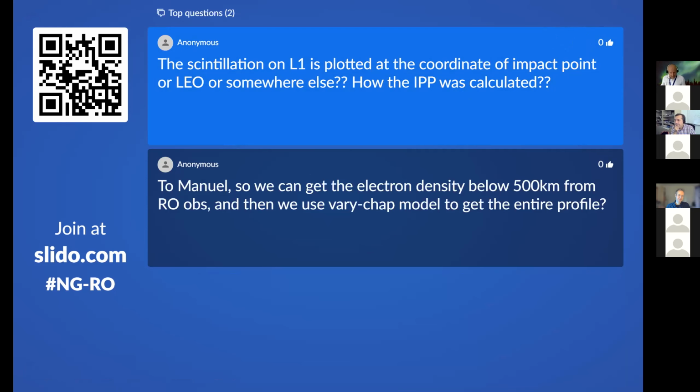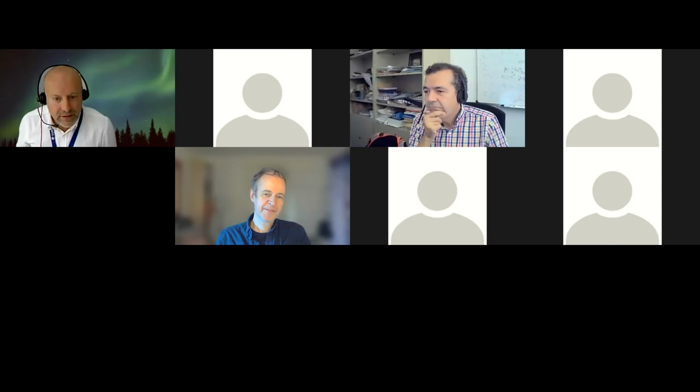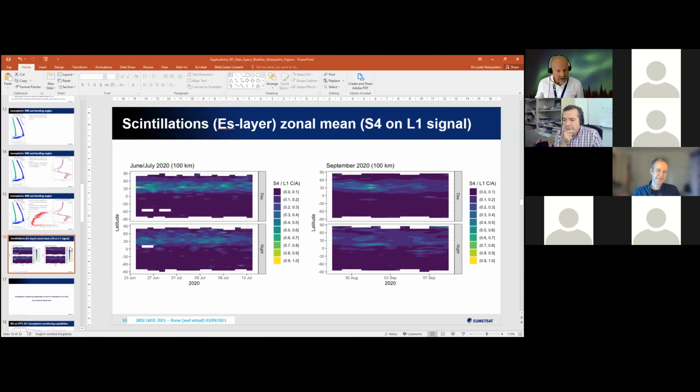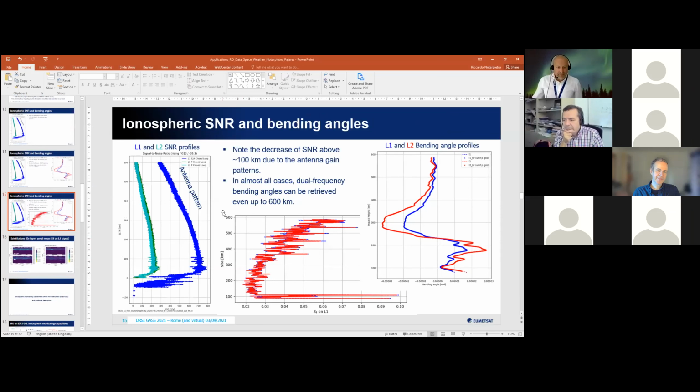This one is made in terms of SLTA of the instrument, the straight line tangent altitude, which is the height of the straight line connecting the 2 satellites, which is more or less, since the bending is not so big, the impact height.